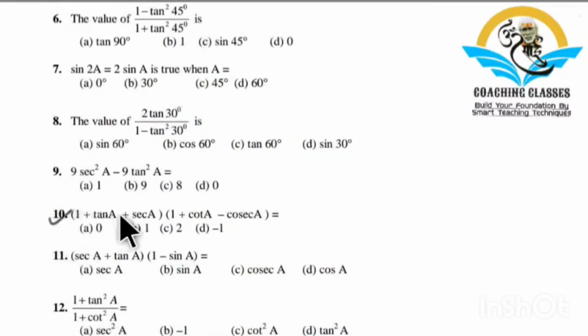Question number 10. 1 plus tan A plus sec A, 1 plus cot A minus cosec A equal to.